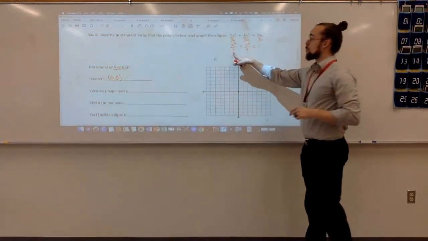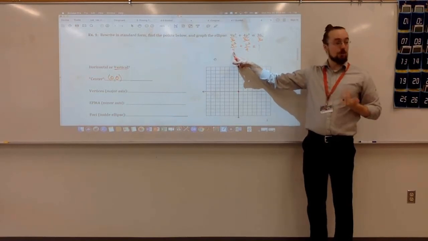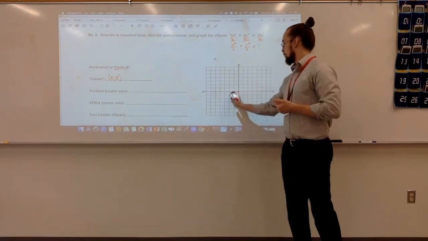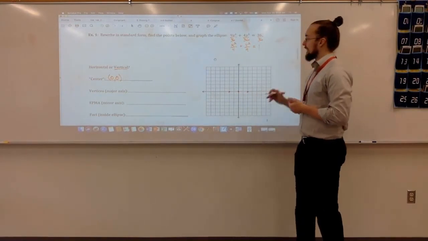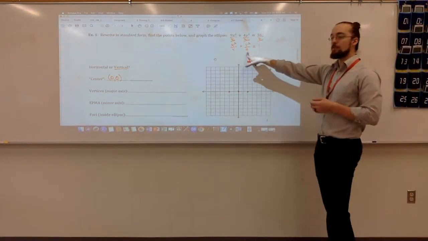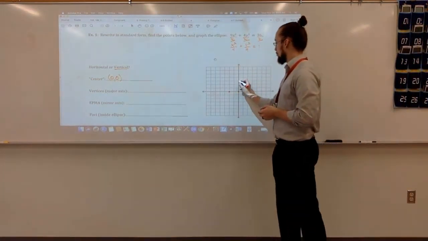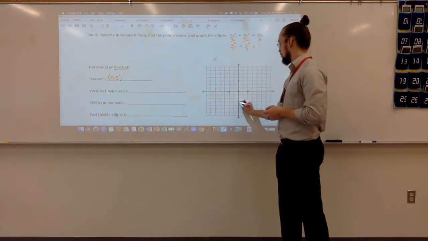Because we're taking the square root of whatever value is under x, and that tells me how far to go in the x direction. So I'm going to go 2 to the left and 2 to the right. Then how far in the y direction? 3, right? The square root of 9 tells me I'm going to go up 3 and down 3 from my center. So here is my ellipse.